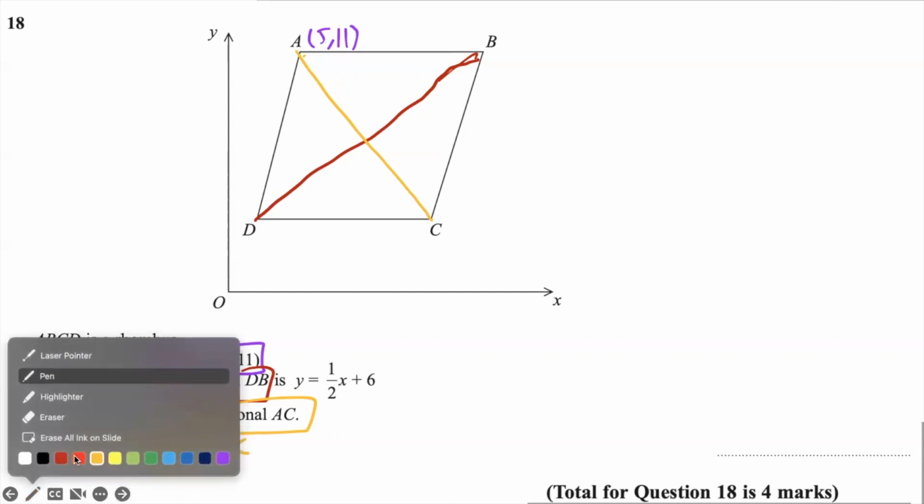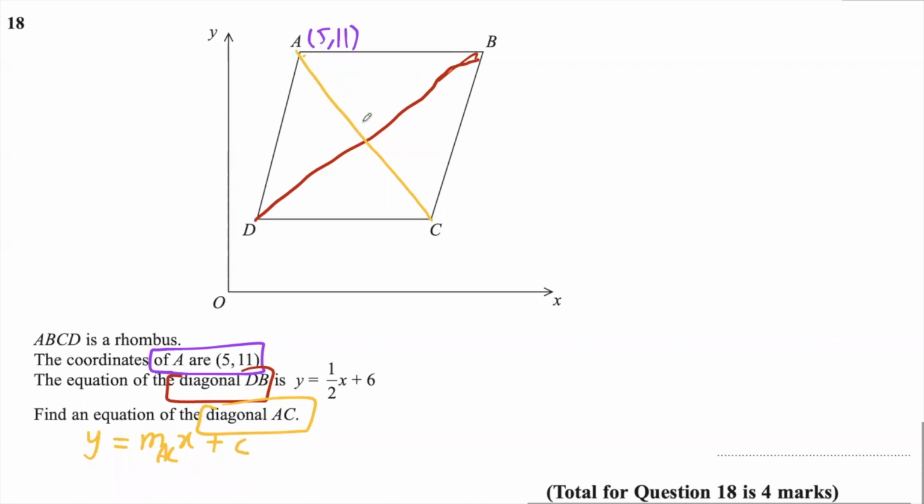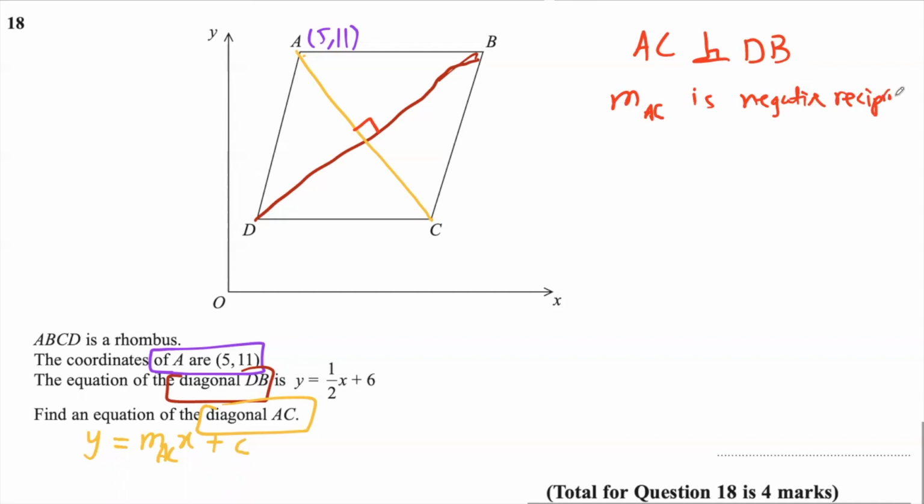One thing to note is that the two diagonals are perpendicular to each other, because in a rhombus, the two diagonals cut each other at an angle of 90 degrees. So we can say that AC is perpendicular to DB, which means that the gradient of AC is going to be the negative reciprocal of the gradient of DB.